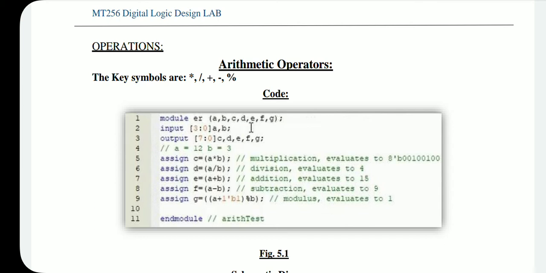E performs addition, F performs subtraction, and G performs modulus. So E is equal to A plus B, F is equal to A minus B, and G is equal to A modulus B.